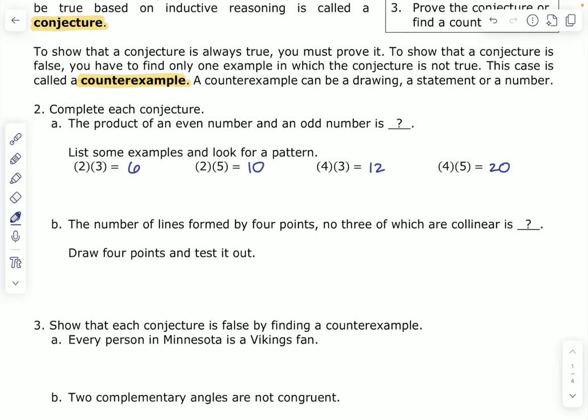If I'm looking at all those products, 6, 10, 12, and 20, I want to think about what those 4 numbers have in common. It's looking like they're all even numbers. So to complete my conjecture, it says the product of an even number and an odd number is, I would say, an even number.